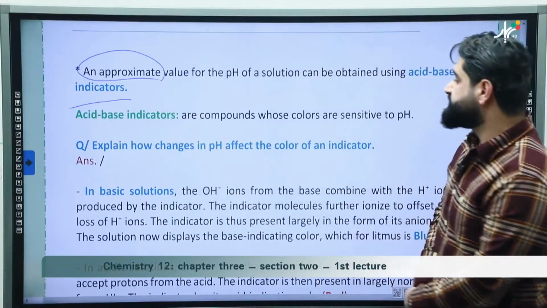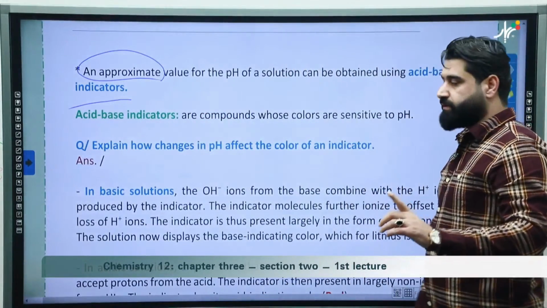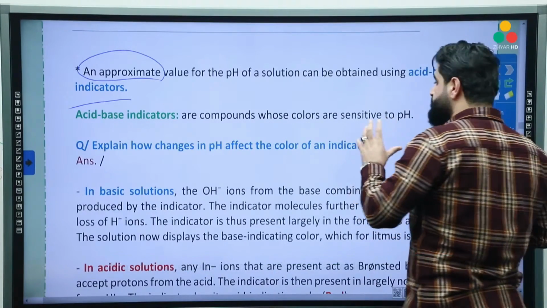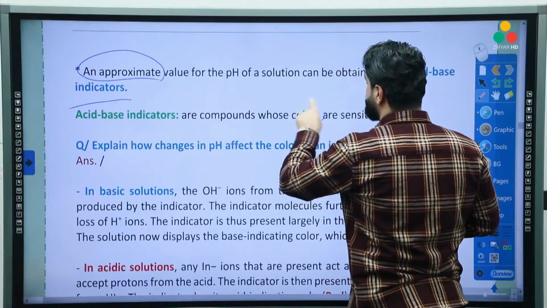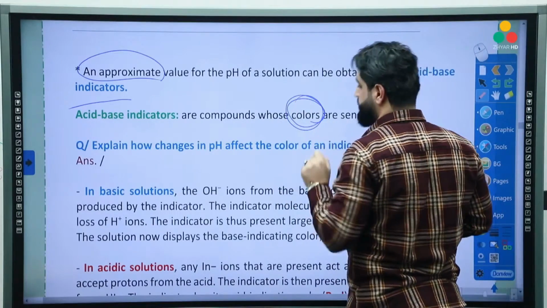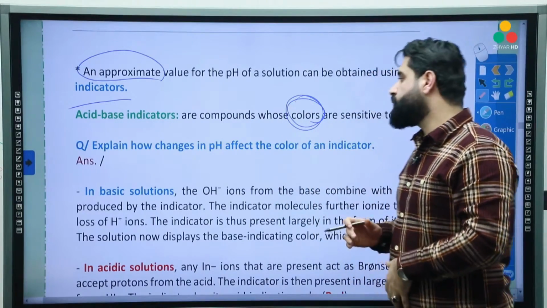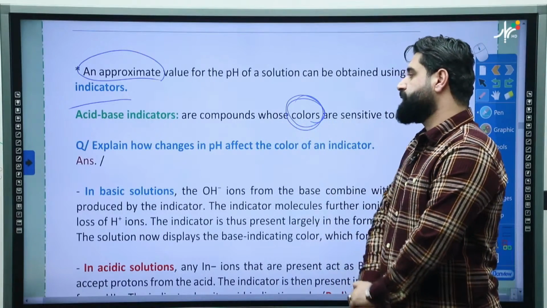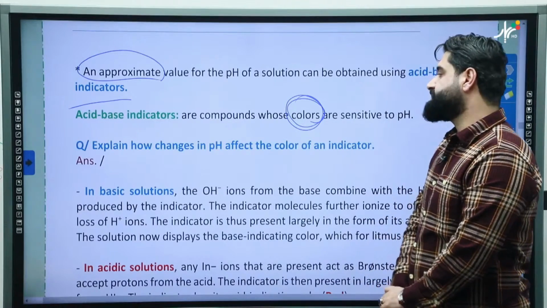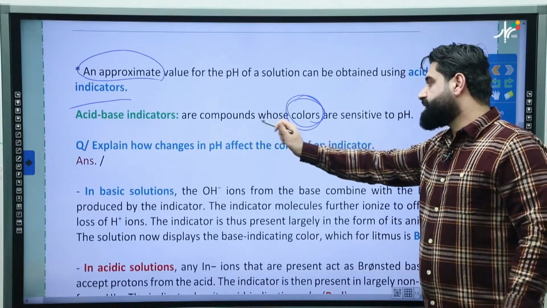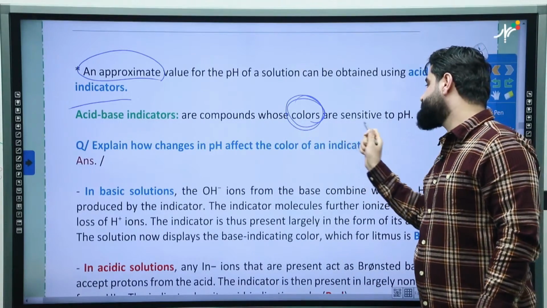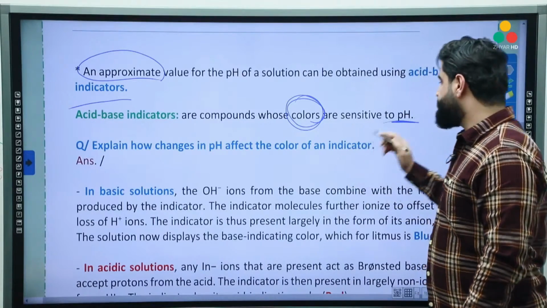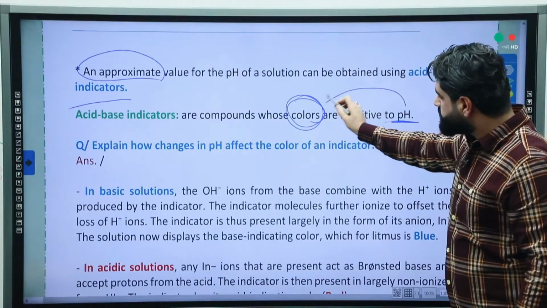Remember, when we talk about an indicator, immediately you have to remember color. It's a qualitative way, not a quantitative way. Acid-base indicators are compounds whose colors are sensitive to pH. So if the pH changes, their color changes.